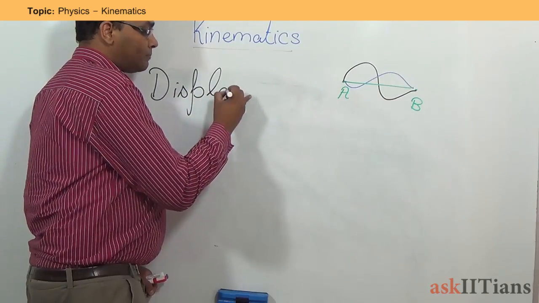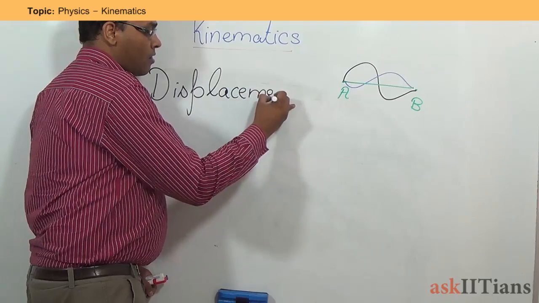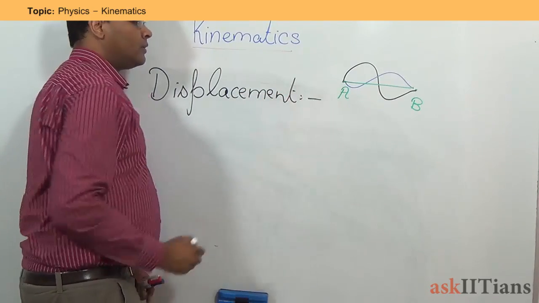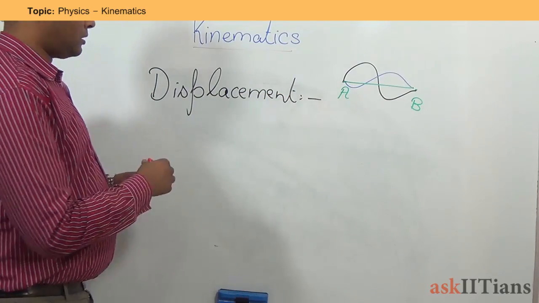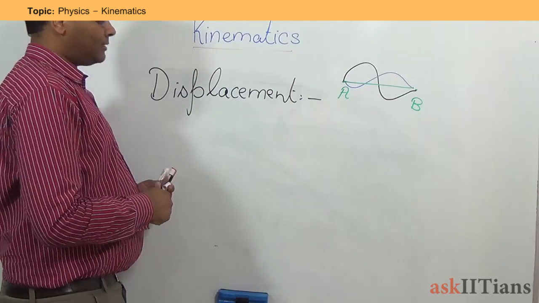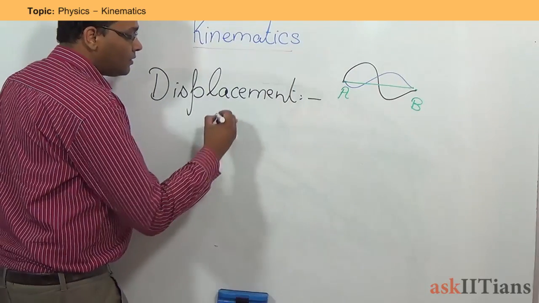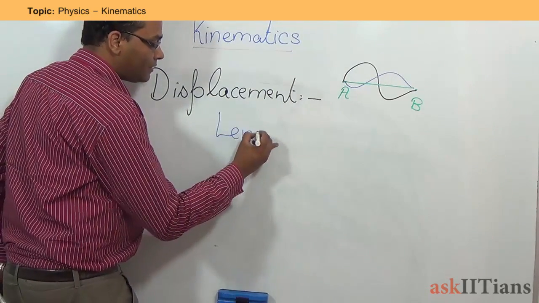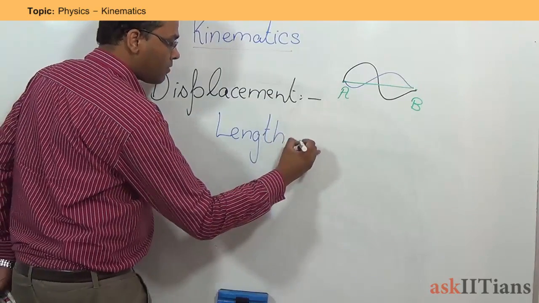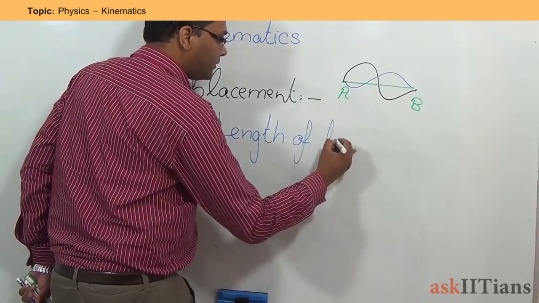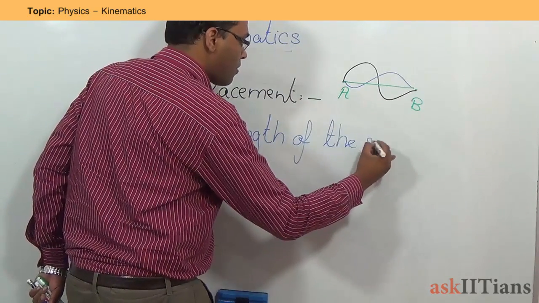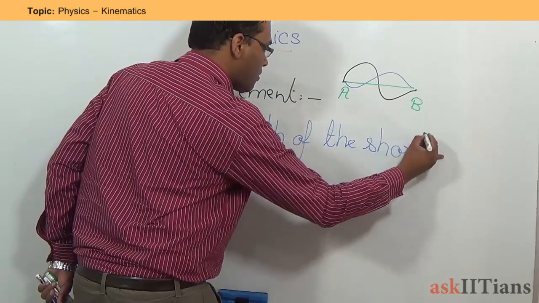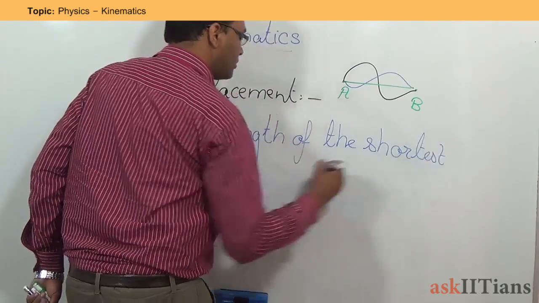So how do we define displacement here? The displacement is going to be defined as the length of the shortest path.